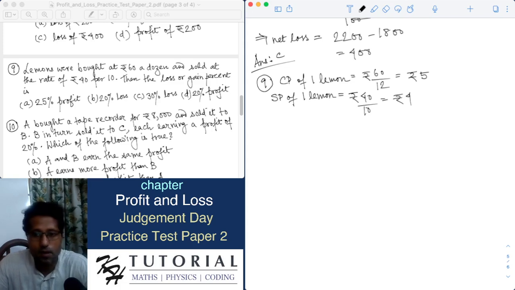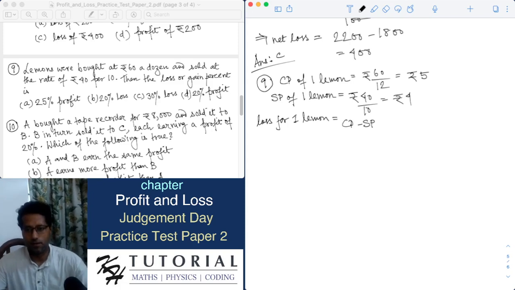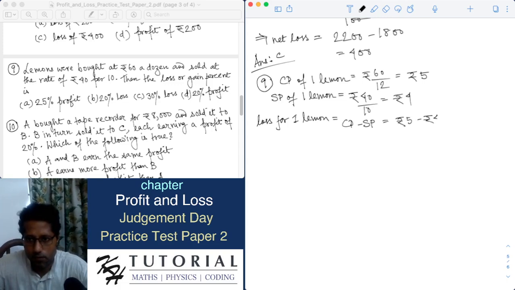So the loss for one lemon is equal to CP minus SP. If there is a loss, this means the cost price is greater than the selling price. So this is rupees 5 minus rupees 4, which is rupees 1.